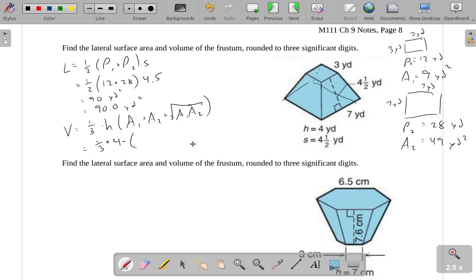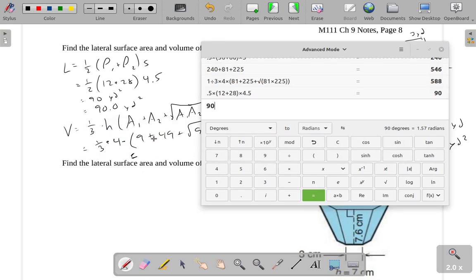The area 1 is 9, just writing down these numbers as I read them. This one's 49. And then we have the square root of 9 times 49. So 1/3 times 4 times (9 plus 49 plus the square root of (9 times 49)).